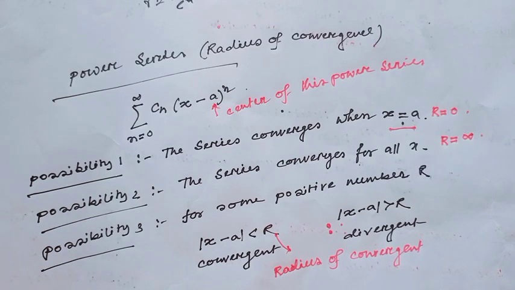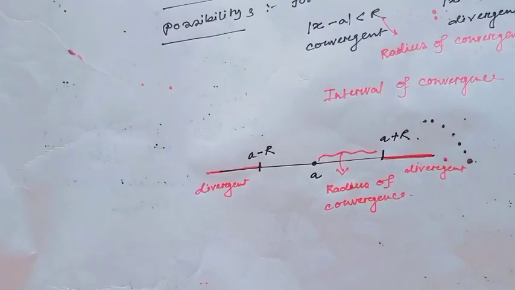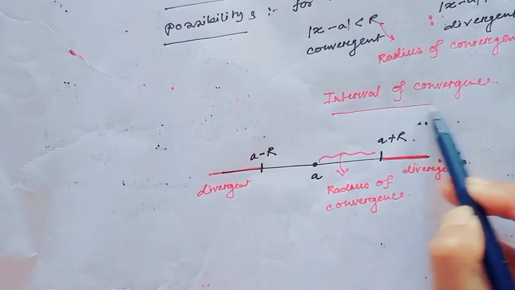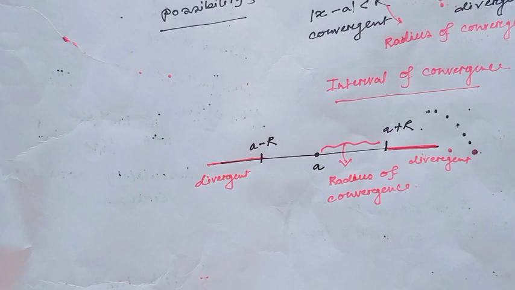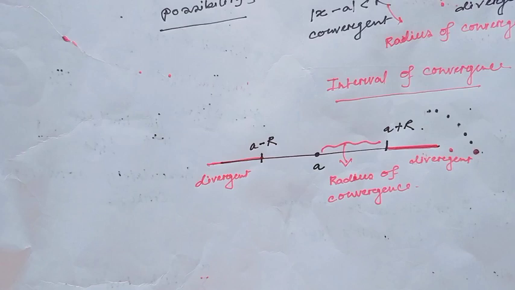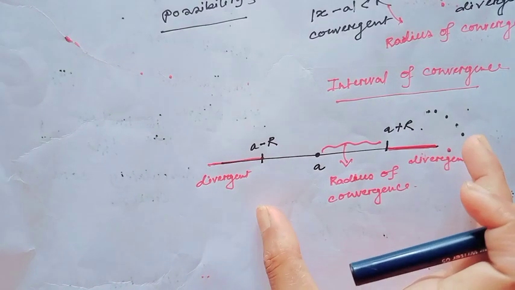Then one new term, interval of convergence. Next is interval of convergence. The interval of convergence is actually all values of x for which the series converges. Let's see the picture.